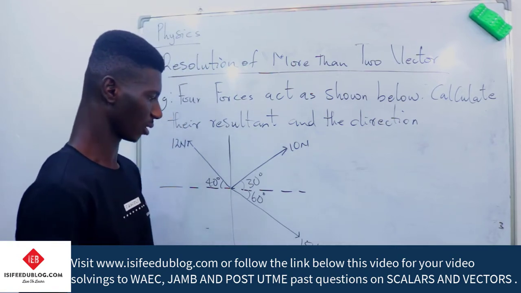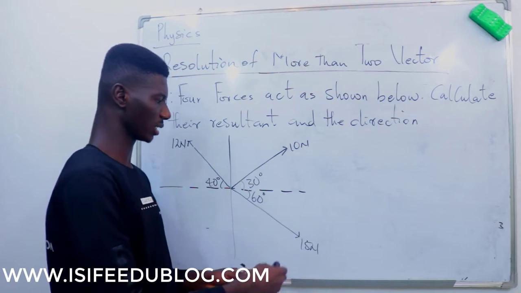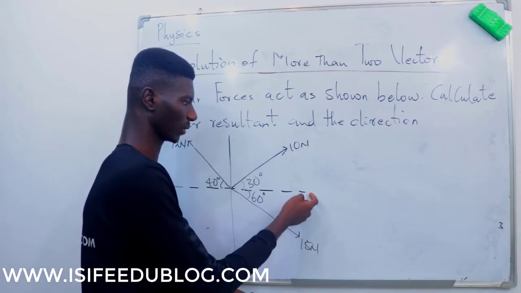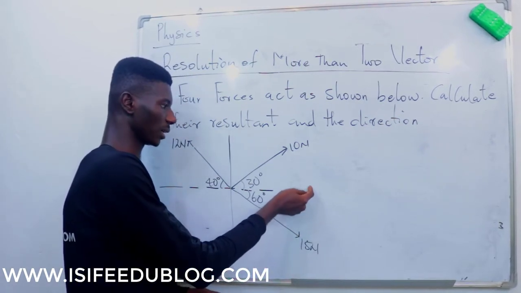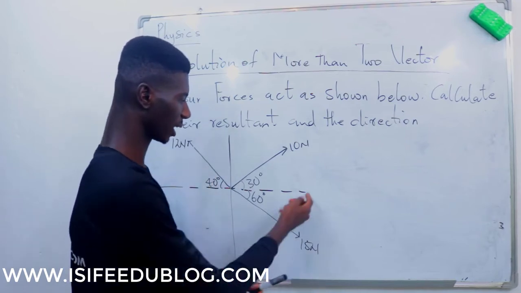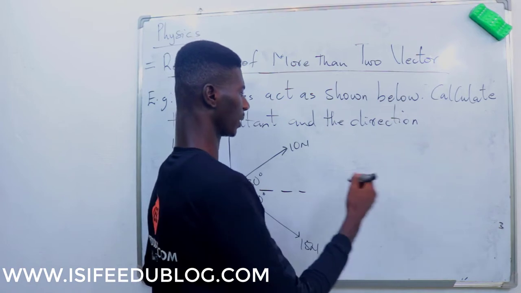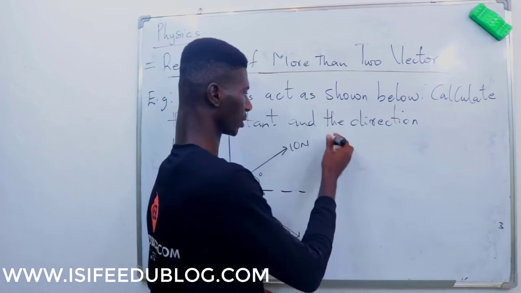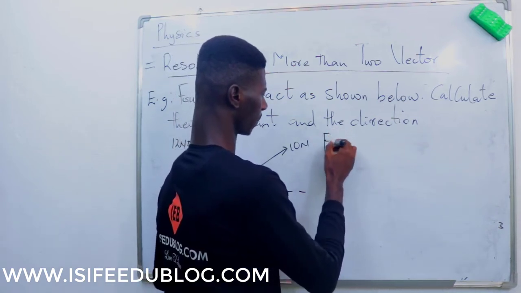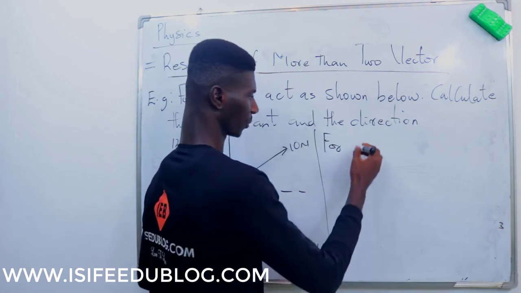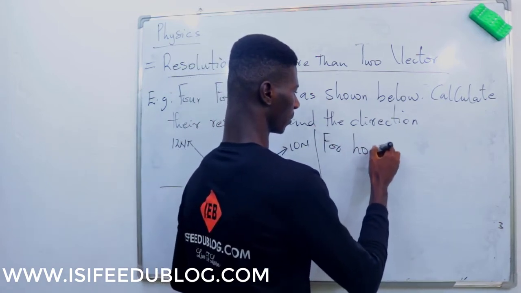So first, always go anti-clockwise. You start from here and go this way. We don't have any force here. The next thing we have is this. It depends on what you are resolving for. If you want to resolve for the horizontal component, you can say for horizontal component.